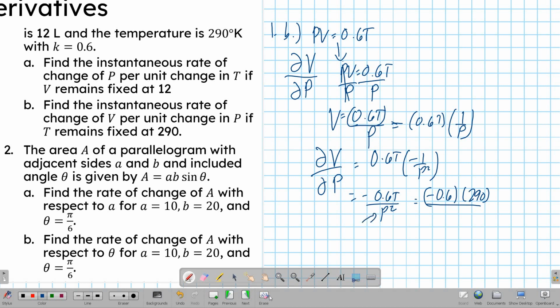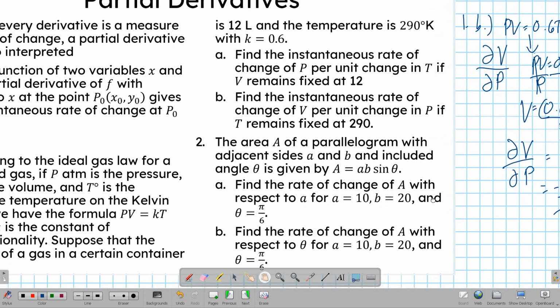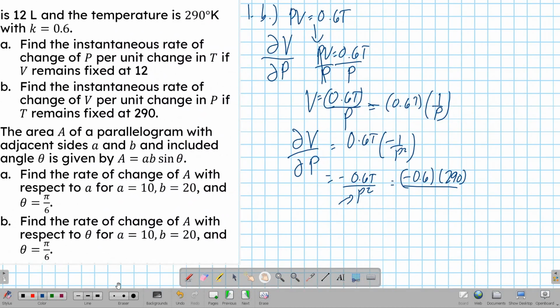But all we know is that we have a volume of 12 liters, a temperature of 290, and a constant of 0.6. But with that, you can actually compute the pressure once all the other variables are given. So let's separate that here. The pressure times the volume of 12 liters is equal to 0.6 times the temperature of 290 degrees Kelvin.